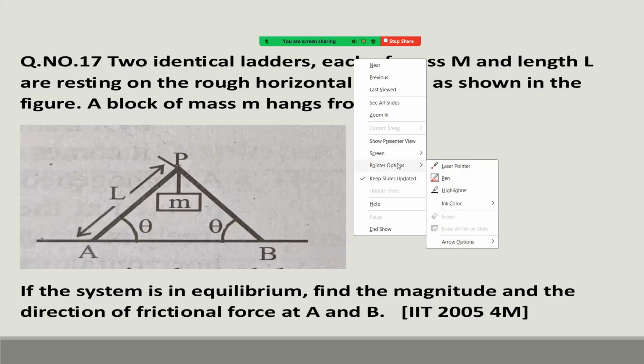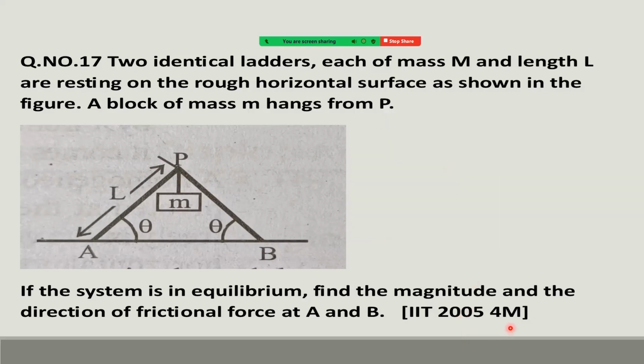This is almost the same kind of problem asked in 2005 for 4 marks. See once. Two identical ladders, each of mass M and length L, are resting on the rough horizontal surface as shown in the figure.